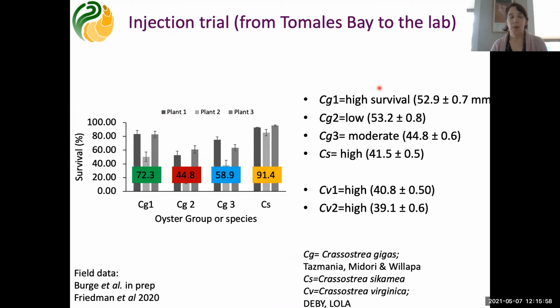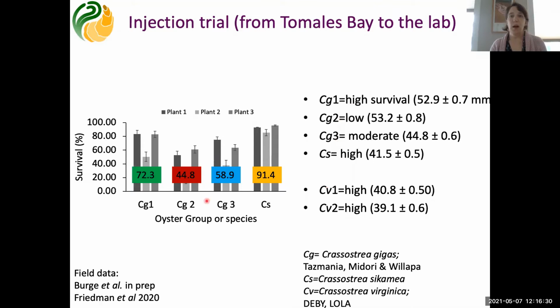And we used many different stocks and species, but for this laboratory trial, we picked 3 stocks of Crassostrea gigas, so CG1, 2, and 3, which are broadly used by the US West Coast industry, as well as some stocks of C. virginica, which we couldn't actually plant in Tomales Bay, which are probably familiar. So the DEBY high salinity and the low salinity that are widely used by industry.